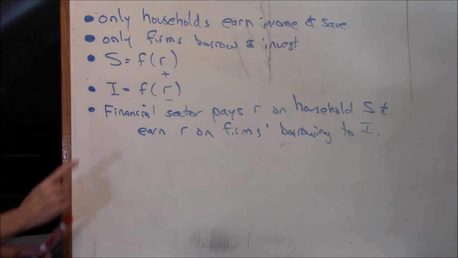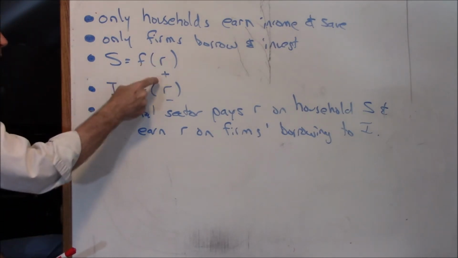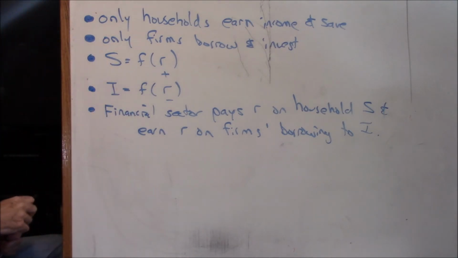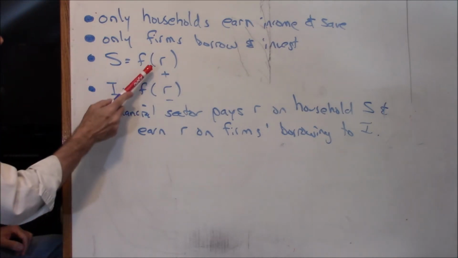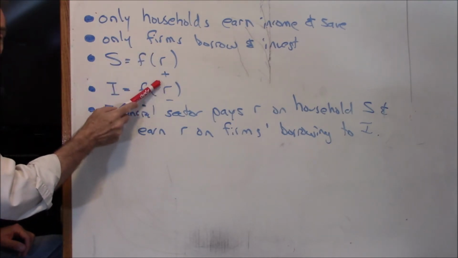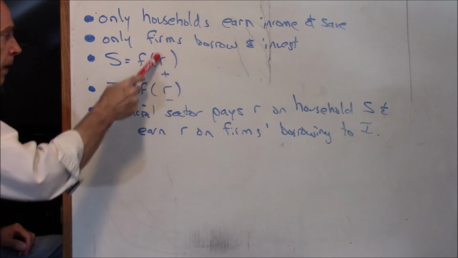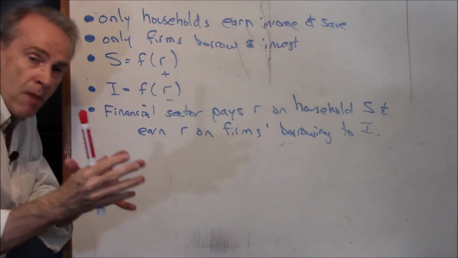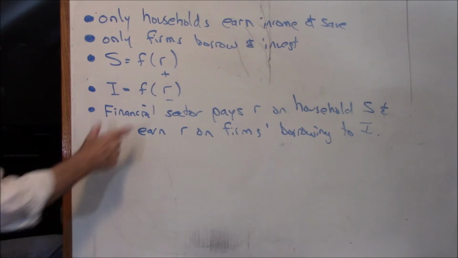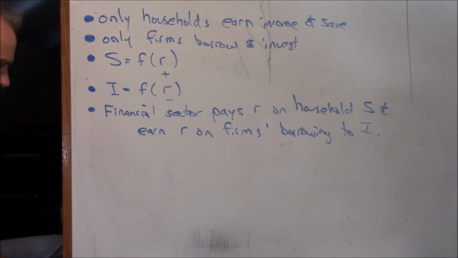But here, all we're worried about is movements in the interest rate. These are not the same interest rate, but they almost always move the same direction. If they are paying more for household savings, they're going to charge more for firms to borrow money. And if they are paying less, then competition among banks will force them to charge less in interest down here. Okay.